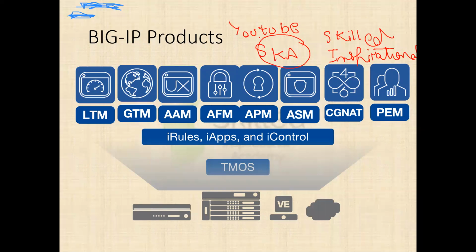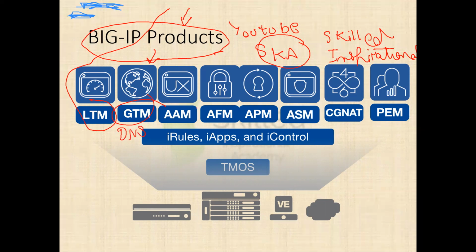So as an initial step, if you are good in LTM, you should know that BIG-IP GTM also comes under the BIG-IP product family. We have BIG-IP products starting from LTM, then GTM, which is DNS, which we will cover in this topic.